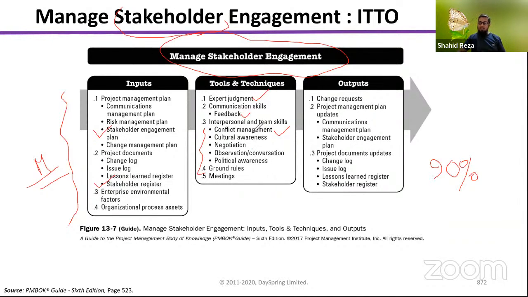We'll talk about the conflict management techniques in detail in the resource management chapter, chapter number 9. In the industry, everywhere you will see a lot of training related to soft skills, and conflict management is another soft skill that everyone needs to learn when working in a team. Cultural awareness.